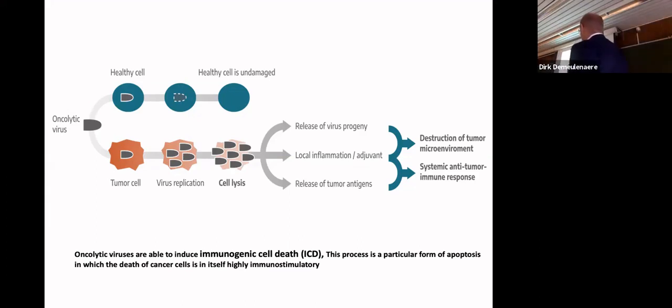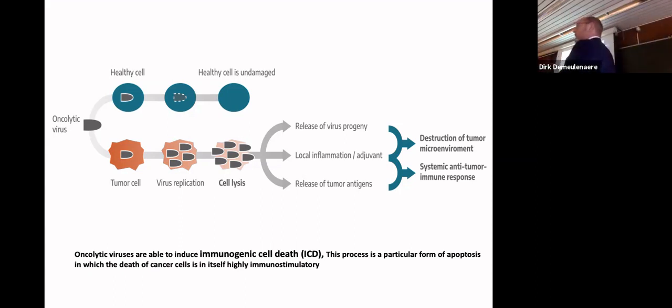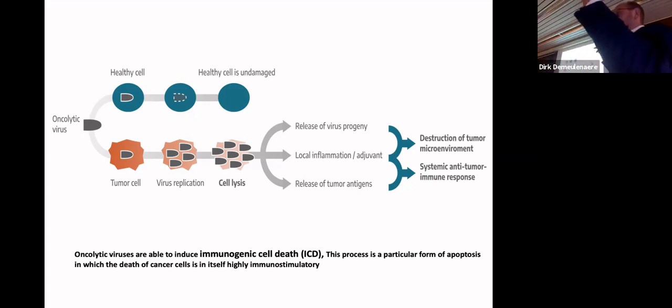But very importantly, this virus will most probably, by inducing the innate immune pathways of the cells that detect the viral infection, induce an inflammation. And so the virus most probably triggers some kind of inflammation adjuvant effect that the tumor tried to prevent. And you will release antigen.